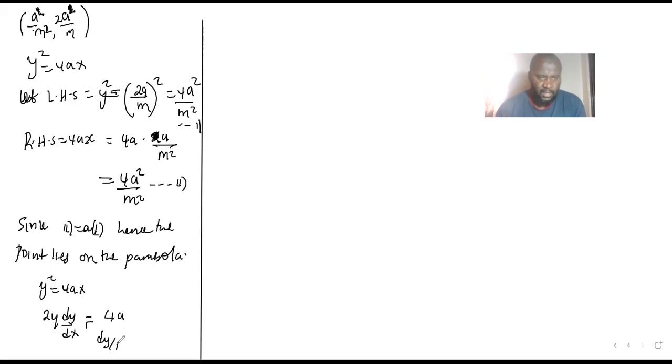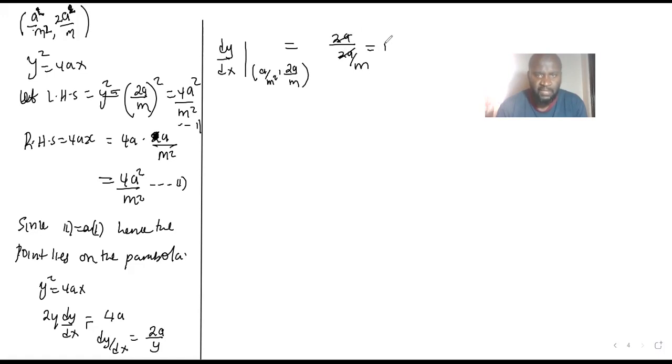So dy/dx will give us 2a out of y. Now get the gradient at that point, at the point a over m squared and 2a over m. This gradient function will become 2a out of 2a out of m, so the gradient becomes m.